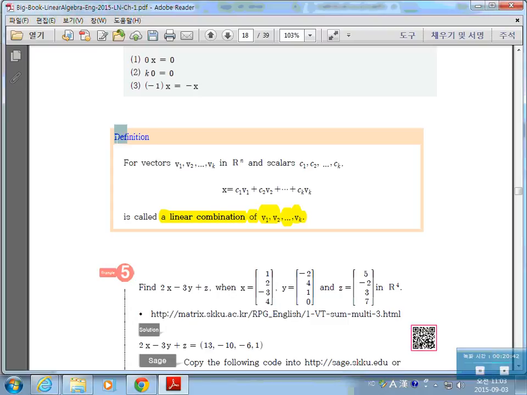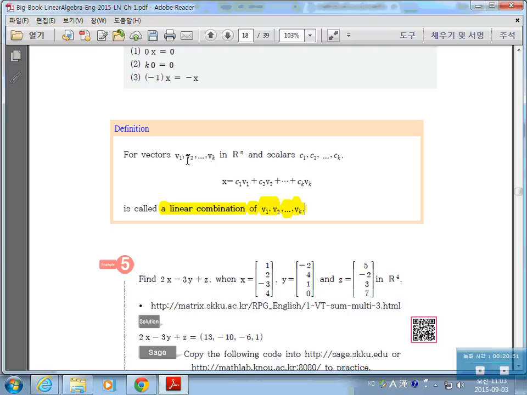The next definition is, I think, the first important concept for you to have: linear combination. For vectors v1, v2, up to vk in Rn, if we write c1 v1 plus c2 v2 plus ... plus ck vk with a set of scalars ci, this is the scalar multiplication and the addition of k vectors, which can be considered another new vector x.